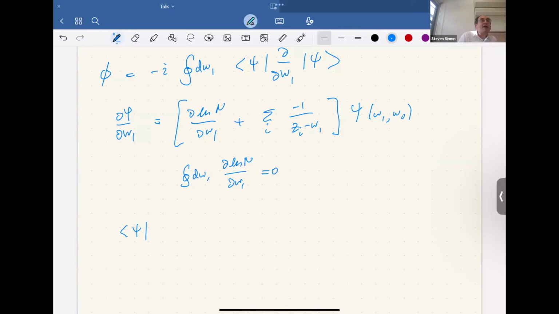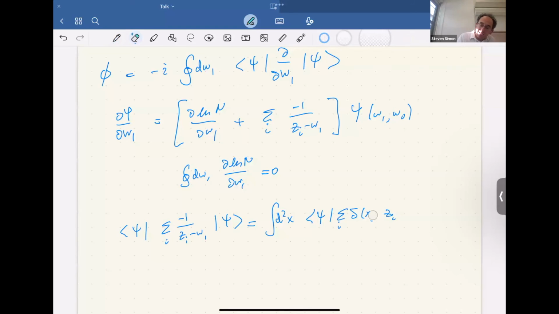So psi sum over I minus 1 over zi minus w1 psi. I'm going to rewrite it this way: integral d2x of psi and then a delta function at the position, sum over I delta x minus zi, psi, and then 1 over x minus w1.